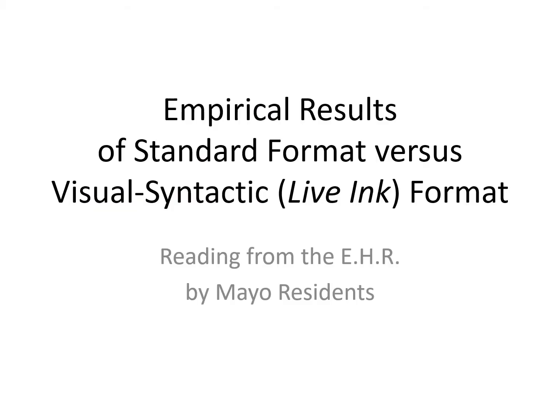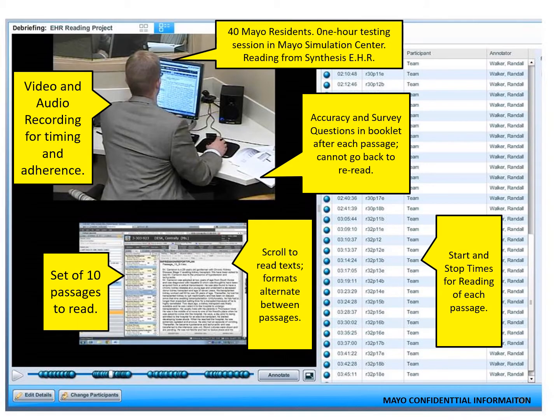Now, this has been studied in many different settings, including high school students, college, and even our Mayo residents. We did a study in the simulation center and kept track of their reading time, their scores on different quizzes after they would read a passage, and then the research would alternate between regular format and the live ink format.